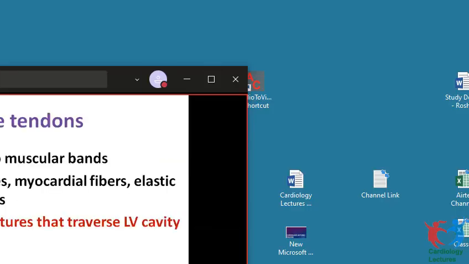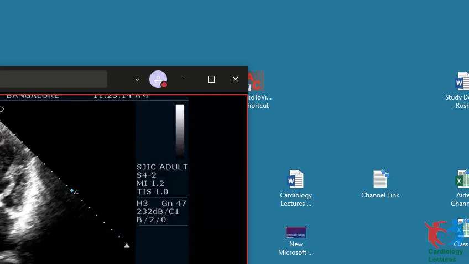In the LV, okay, false tendons. They are linear fibrous or fibromuscular bands, and they contain fibrous tissue, myocardial fibers, elastic fibers, sometimes blood vessels, and even sometimes conduction tissue. In the echo, they look like cord-like structures that traverse the LV cavity. Can you see there?